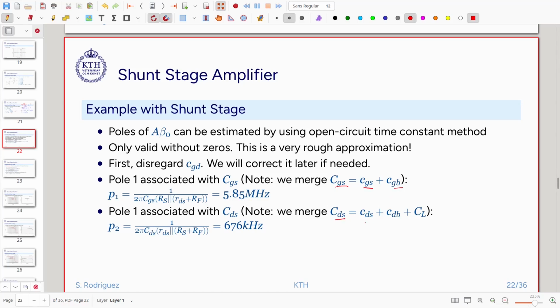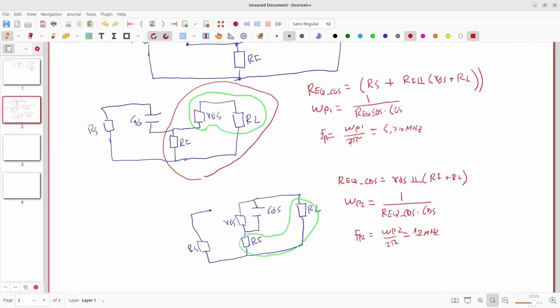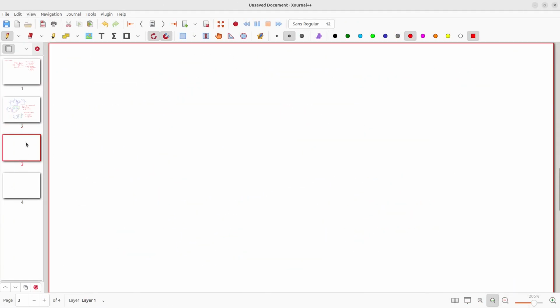In CDS we merge CDS and CD bulk and the load capacitance, so we merge totally there. And then we're going to do the calculations for the input and output poles. Let's start with the input pole. So our model for that calculation will be like this.